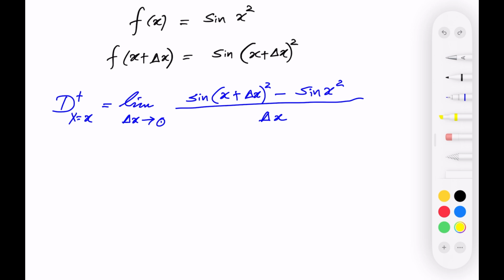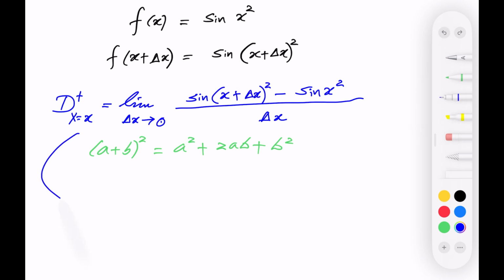Before doing any further simplifications, I'm going to expand x plus delta x, everything squared, using the a plus b, everything squared expansion. If you still remember a plus b, everything squared from college algebra, this is equal to a squared plus 2ab plus b squared. With a equals x and b equals delta x, I can easily expand x plus delta x, everything squared.